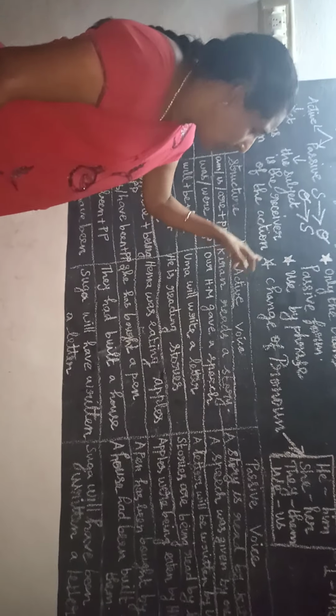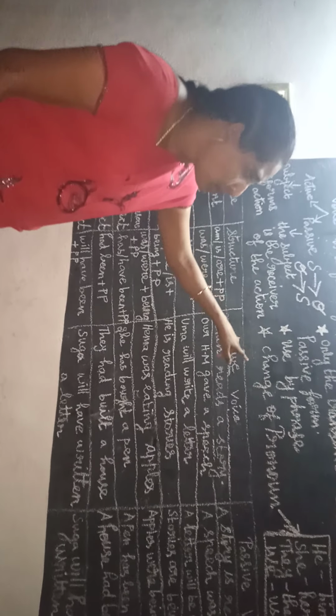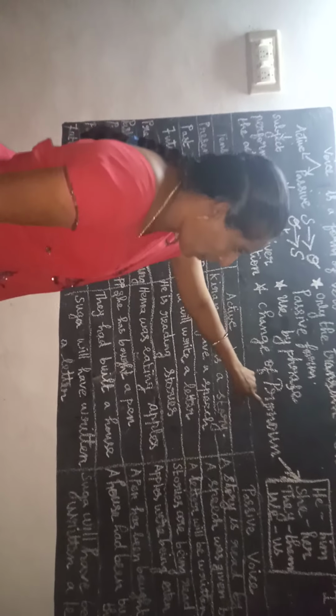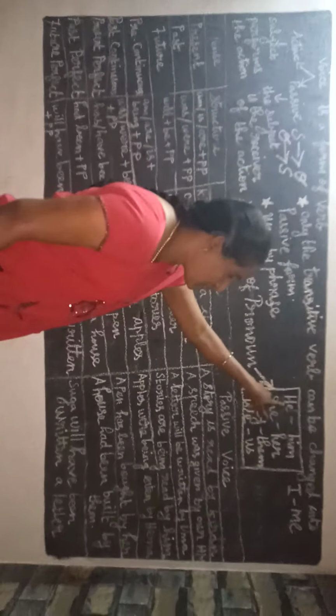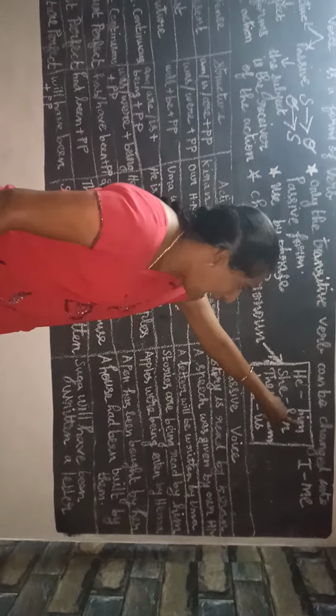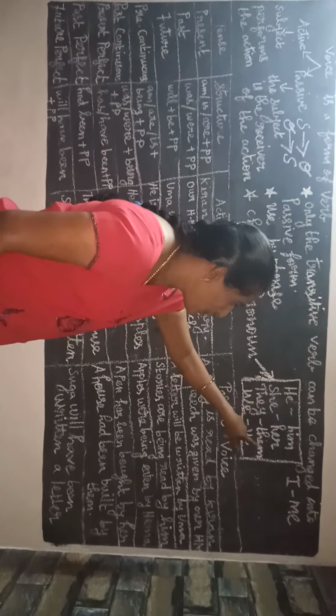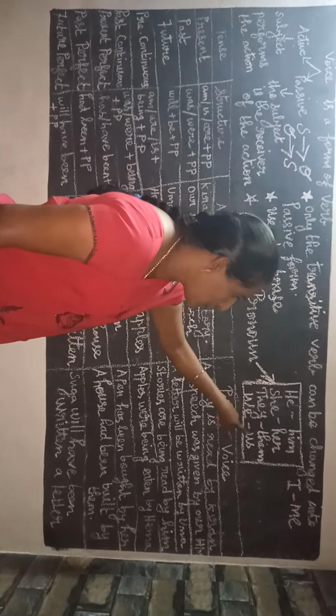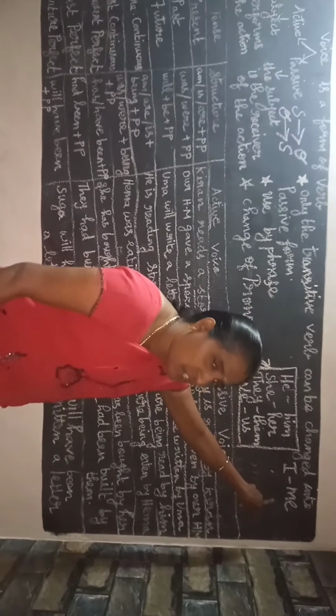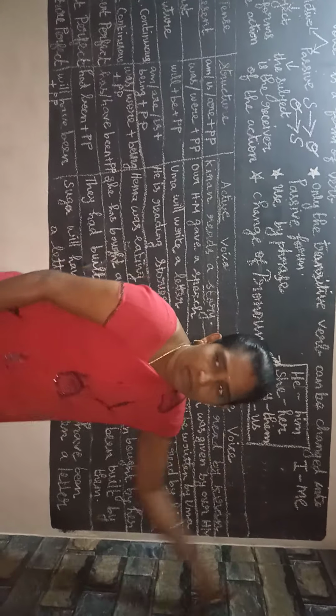Then, while changing active voice into passive voice, we have to change the pronouns. He is changed into him, she into her, they into them, we into us, and I into me.